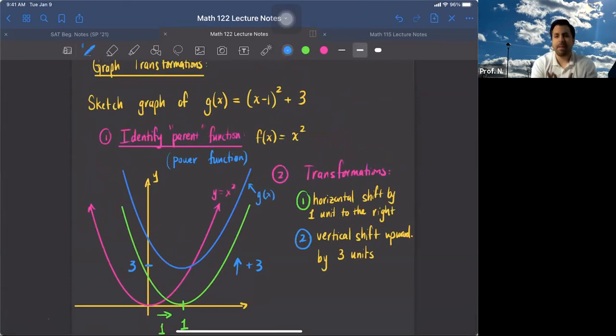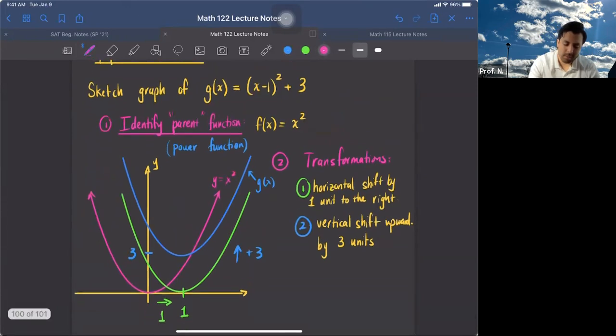That's why it's important to understand parent functions, and transformations upon the parent function, so I can figure out what the result is. When we talk about, for example, the vertex, we like talking about vertices. The original vertex is (0, 0). Now, what's going to be the vertex for g of x?